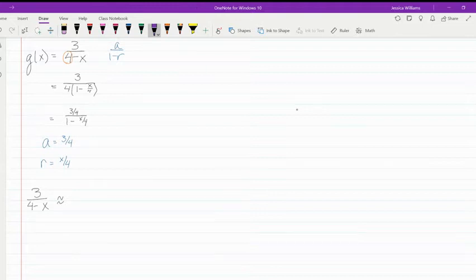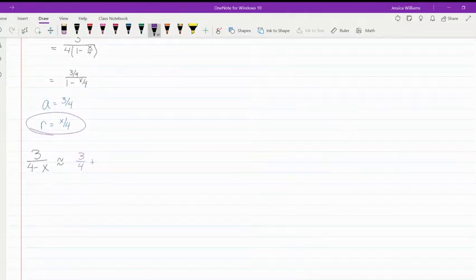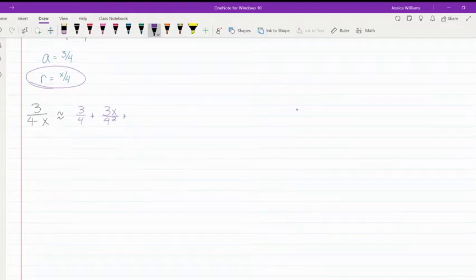It starts at 3/4 because that's a, and then it gets multiplied by x over 4 as we move between terms. So plus, if I multiply by x over 4, I get 3x over 4 squared. Multiply by x over 4 again, I get 3x squared over 4 cubed. Multiply again, and I get 3x cubed over 4 to the fourth, etc.